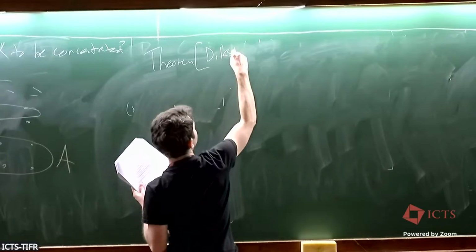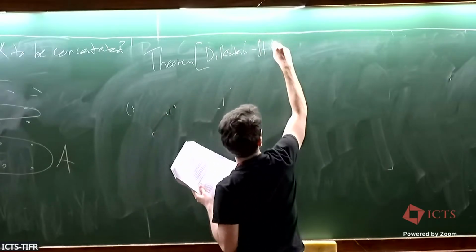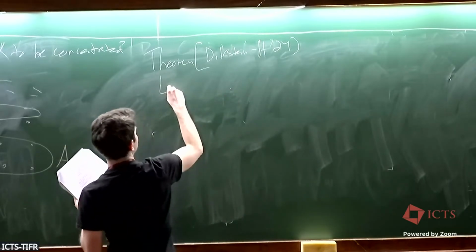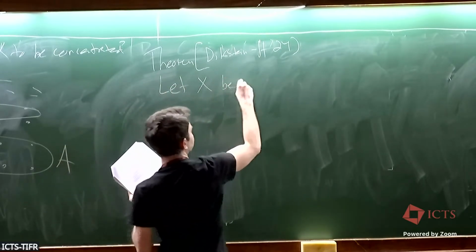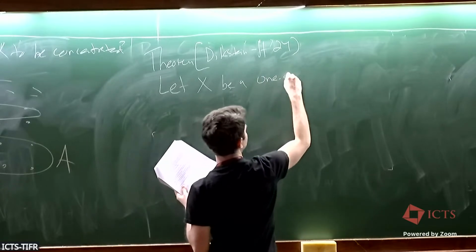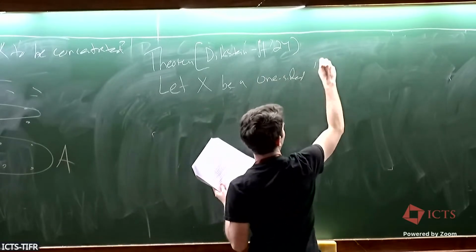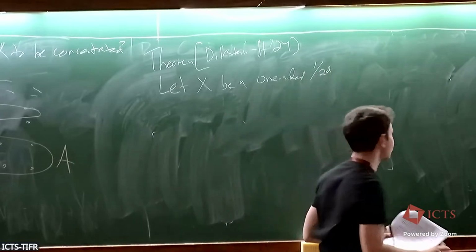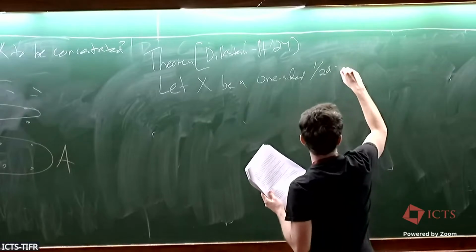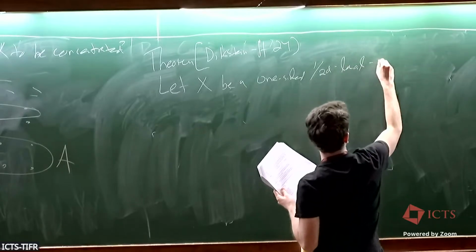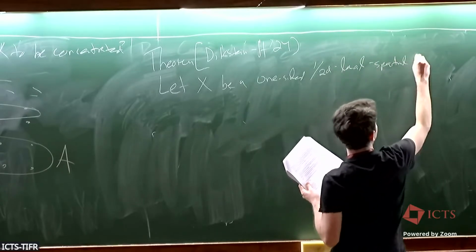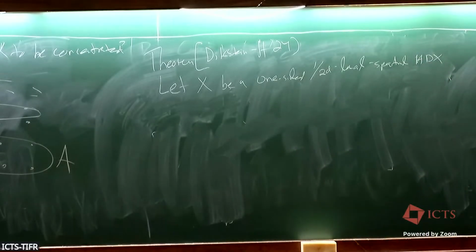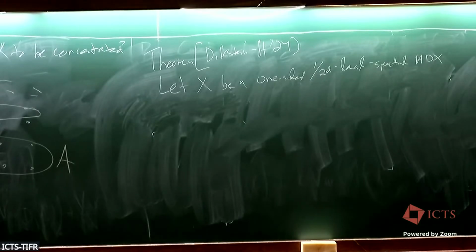Lichtenstein, Hopkins, or maybe. So let X be a one-sided, let's say roughly 1 over 2d, you can get all the way to roughly 1 over dimension, but I'm just going to be a little informal here, local spectral HDX. Unfortunately, we were not quite able to prove fully sub-Gaussian concentration.